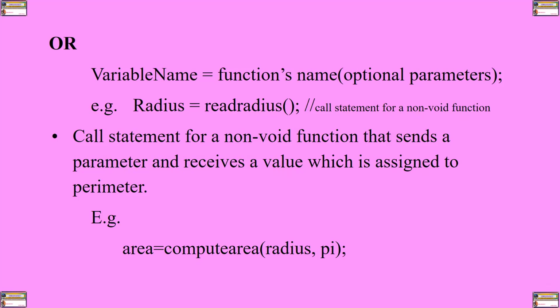Once the function called compute area receives these two values, it will perform the activity it's supposed to perform and then return the result back to the main function, where that value which has been received will be stored in memory location called area.